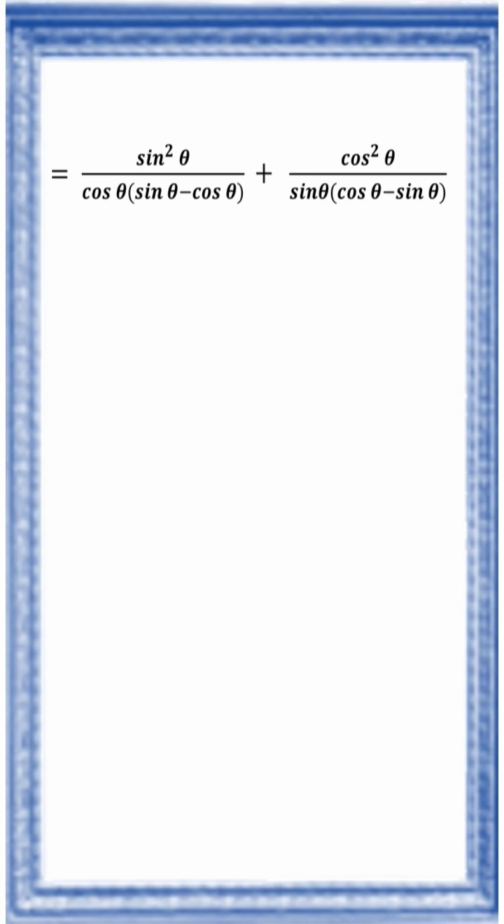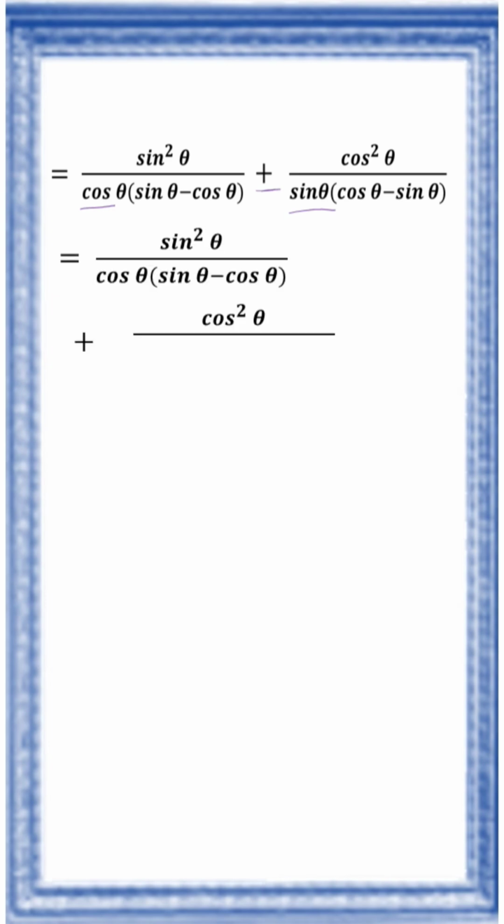Here let us take LCM, cos theta into sin theta. Here it becomes negative. Observe. This one negative. Let us change this as negative because we want this as sin theta minus cos theta.